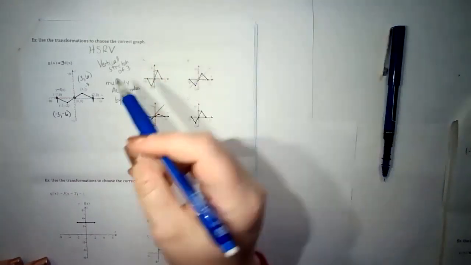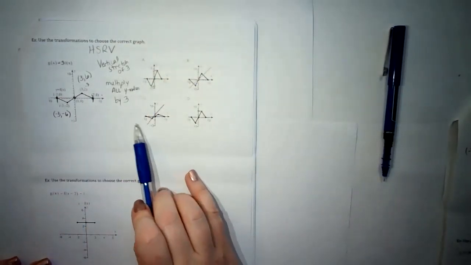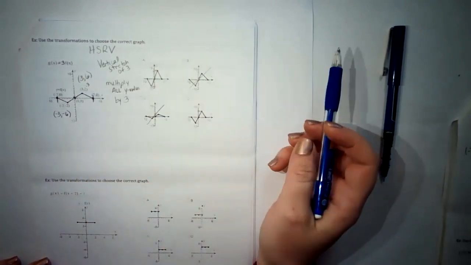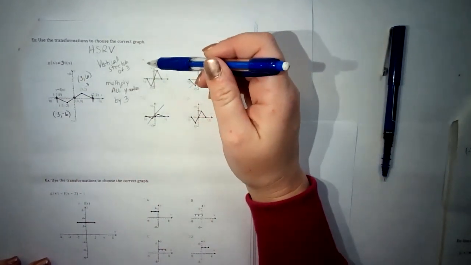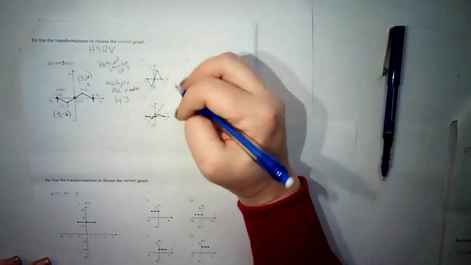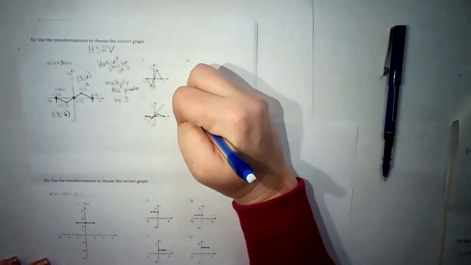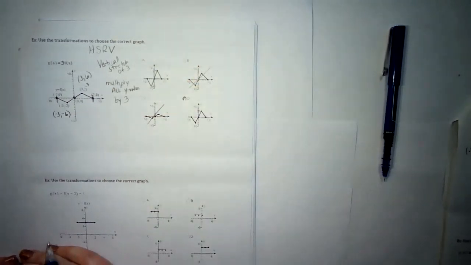I want my lowest to be -6 and my highest to be +6. And A is just a little too high and a little too low. So your answer is going to be D. All you have to do is multiply those y's by 3 and see where it gets you. Does that make sense? It's not horrible. That's the worst you'd have to do.